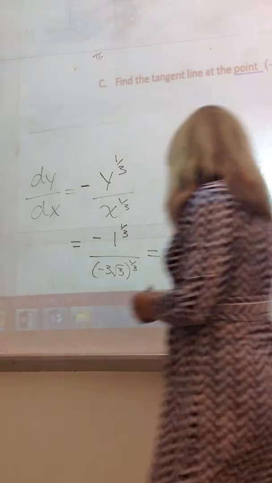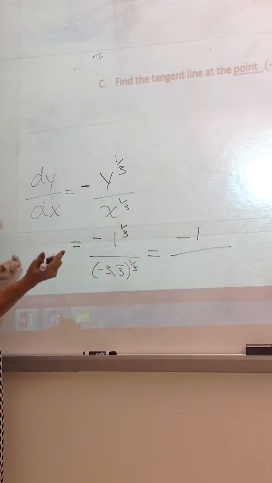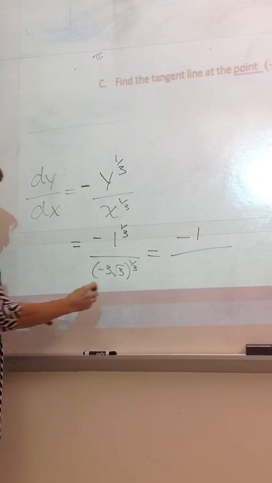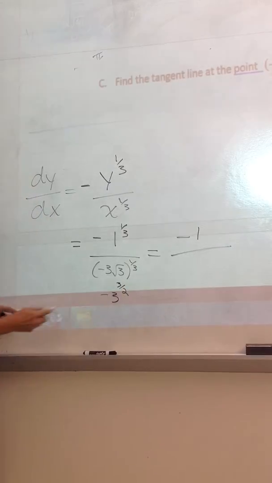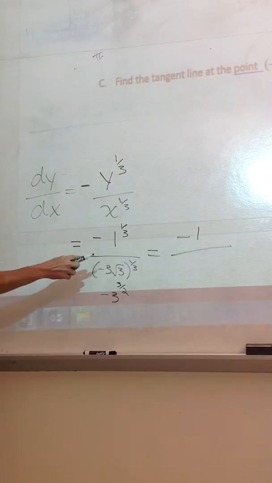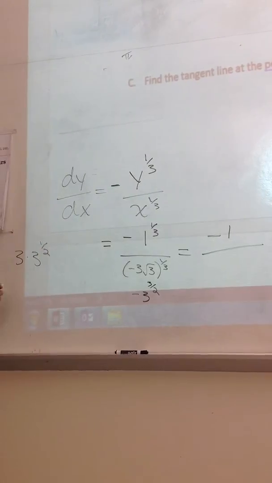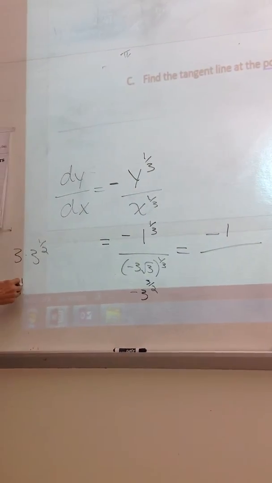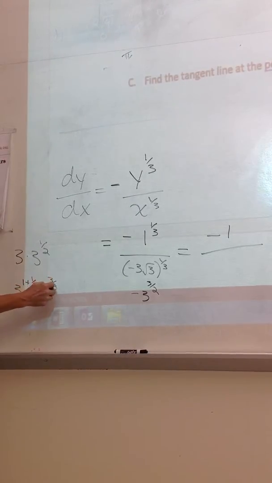Okay, in terms of here, 1 to any power is 1. Here, this is 3 to the 3/2 power. 3 times the square root of 3 is 3 times 3 to the 1/2, and 3 to the 1 plus 1/2 is 3 to the 3/2.